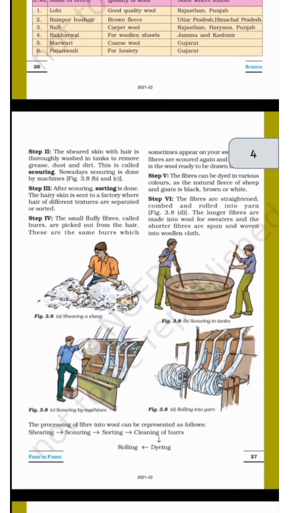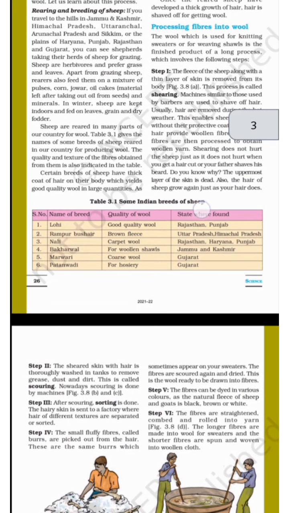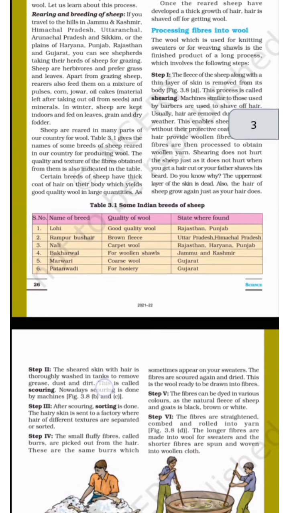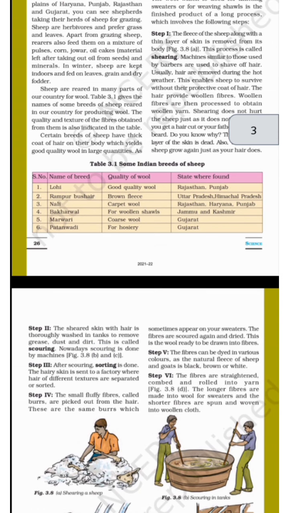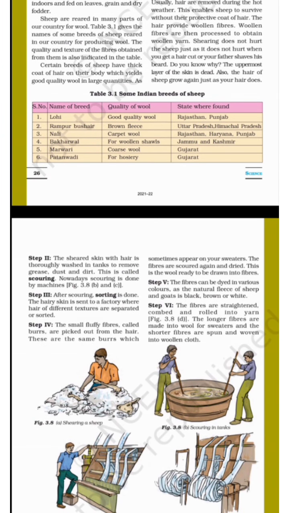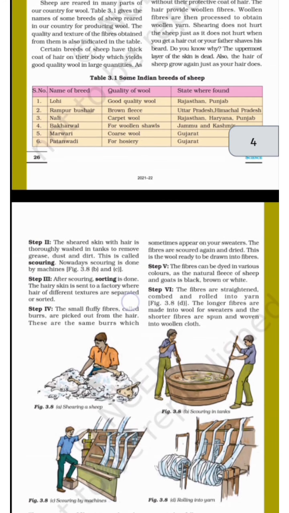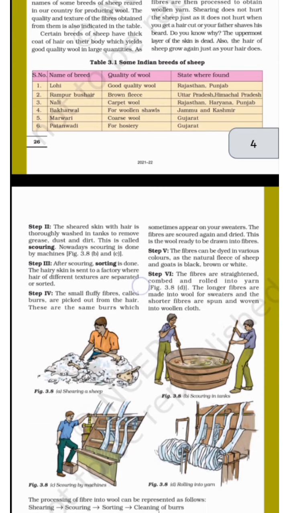Okay, these are the processes of making wool from the fibers. First, shearing. Shearing means removing the hair from sheep. And step 2, scouring. Scouring means washing the hair in a tank, etc. And then step 3 is sorting. Sorting means arranging the hairs in different groups.